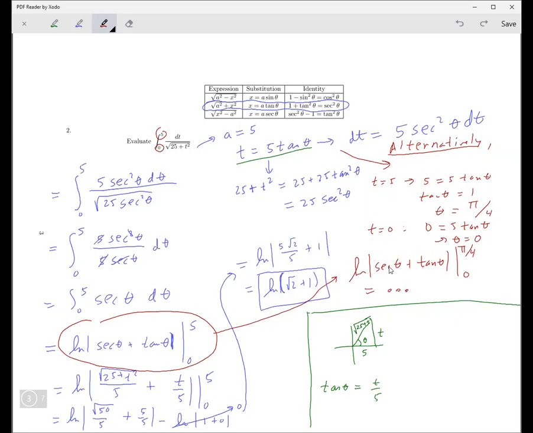Now, you'll probably have to do some equivalent work to this, though. You'd have to figure out what the secant of pi over 4 is, and also the tangent of pi over 4. The secant of pi over 4 is root 2, and the tangent of pi over 4 is 1. So you're just going to get the same thing.